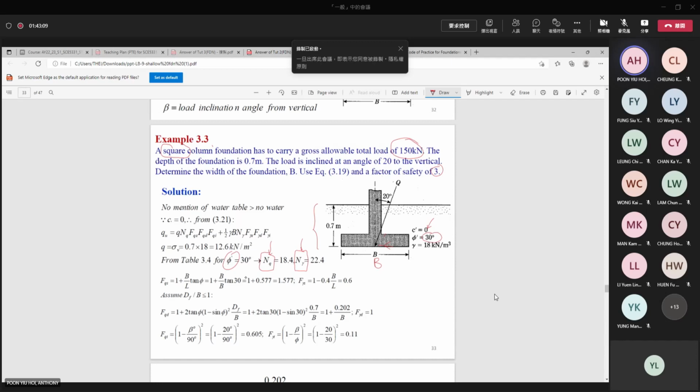And then we try to find the shape factors, and then the depth factors, and also the inclination factors.